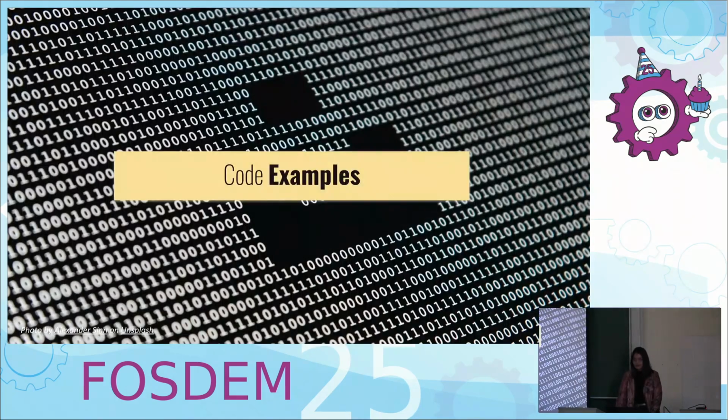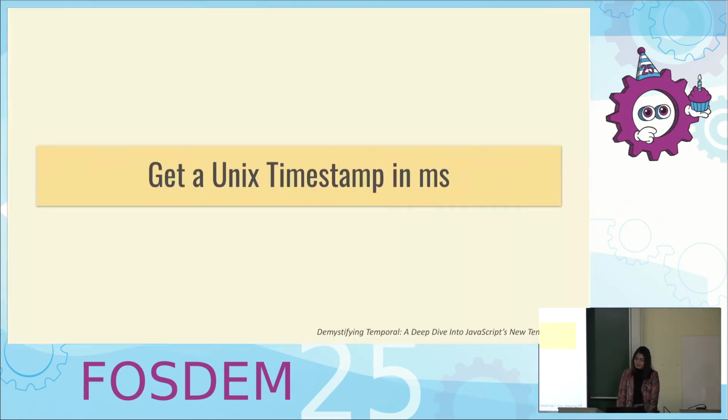Okay, so code examples. I have selected 3 problems, an easy, a medium, and a hard one. And as we solve those problems, I'll keep telling more about them. Okay, so the first question is, get a Unix timestamp in milliseconds.